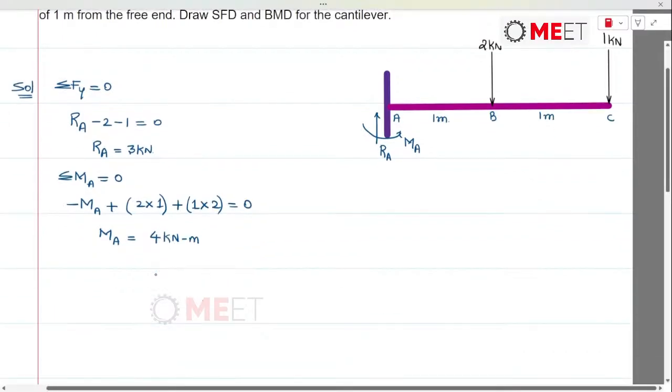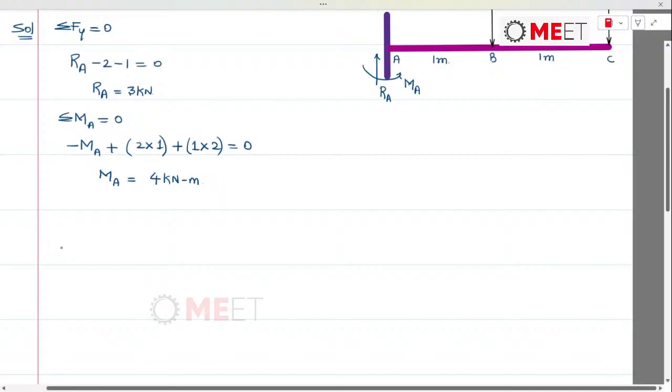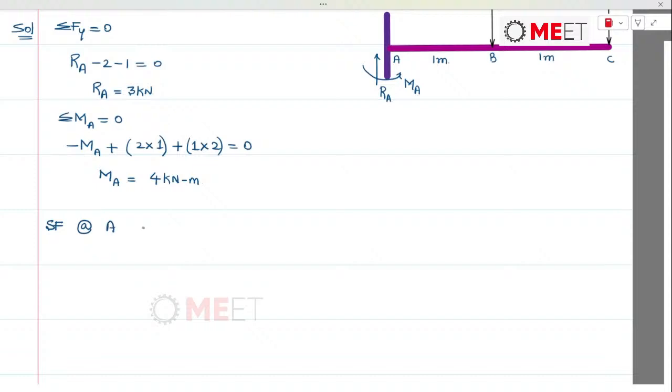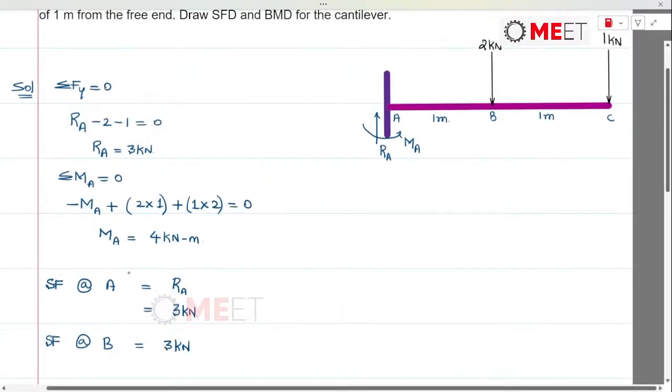Next we go into the calculation of shear force and bending moment. Shear force at A will be strictly equal to Ra only, that's 3 kilonewtons. Same way, shear force at B is still Ra, 3 kilonewtons, and at B we find a point load of 2 kilonewtons.